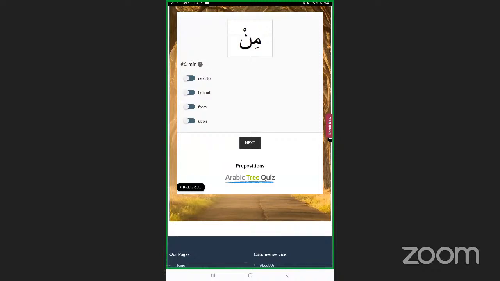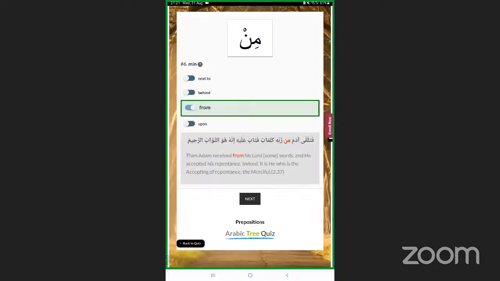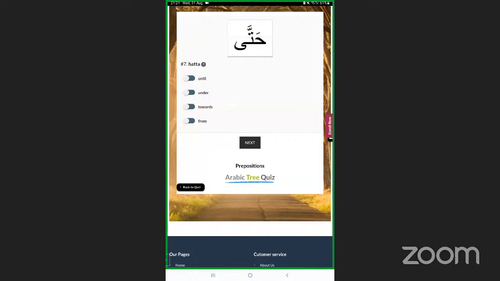Min. This we learned today. What is the meaning of min? From. Everybody can answer, maybe she is wrong. From. Mashallah. Hatta is also one of the particles, but you have to be really careful with this. Sometimes hatta acts like a noun.